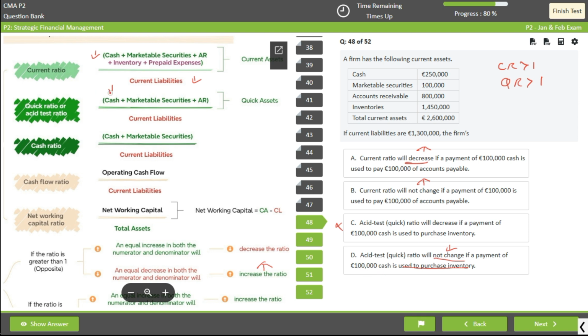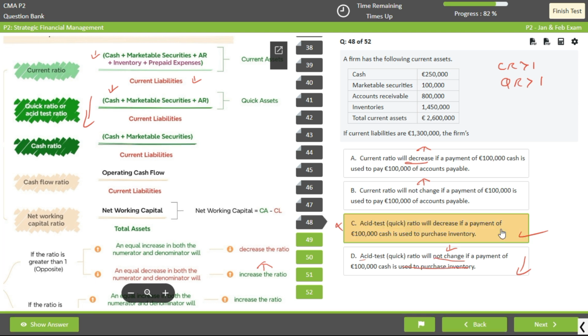So if the cash is decreasing, the ratio is going to decrease. Yes, this is the correct option, because if a payment of 100,000 cash is used to purchase inventory, this will decrease the acid test ratio or quick ratio. Next.